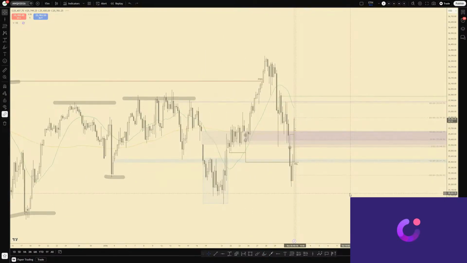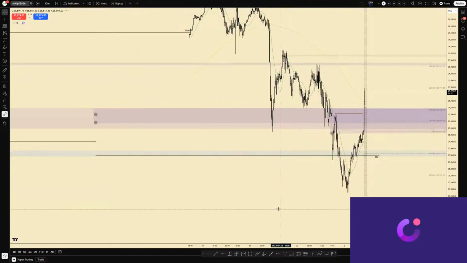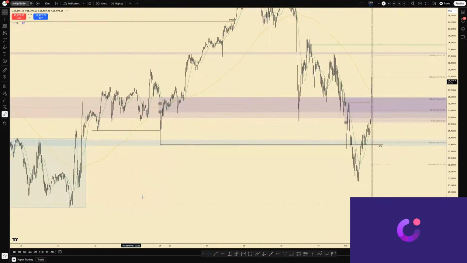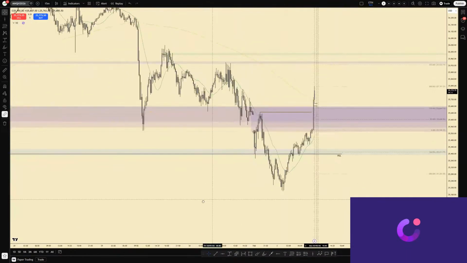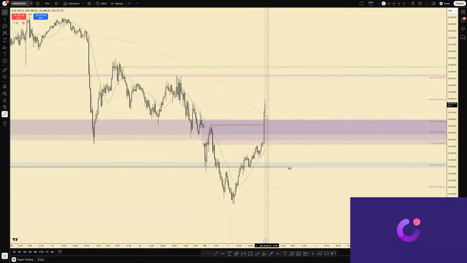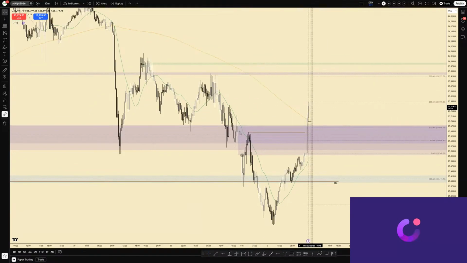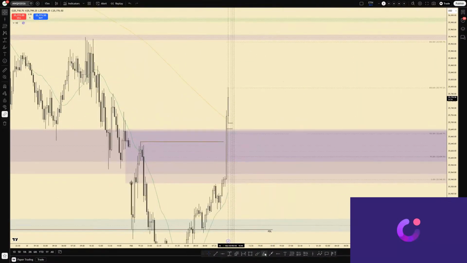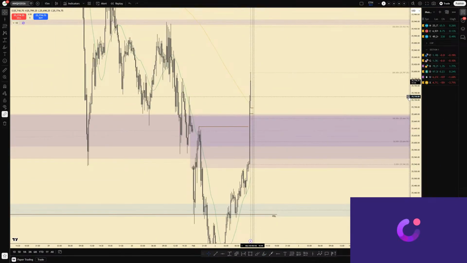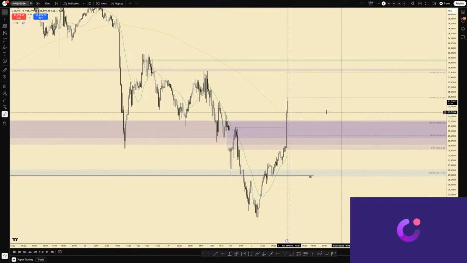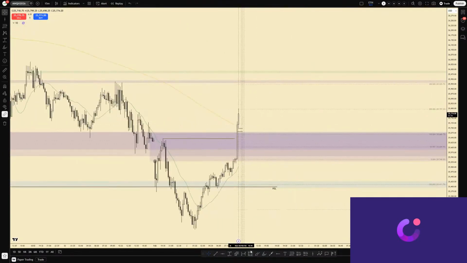So there are daily and 4-hour levels below, and price seems to get a nice reaction from it. And there's also a 15-minute dynamic resistance level over here, and it wouldn't be a big surprise if price disrespects this level and keeps going higher.